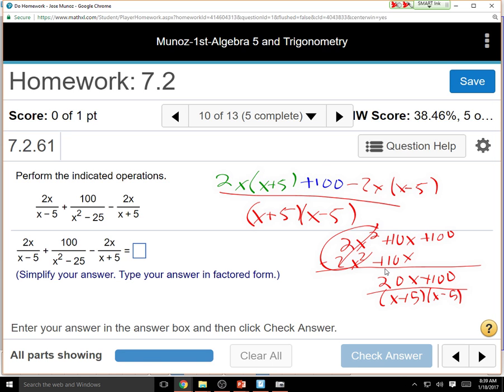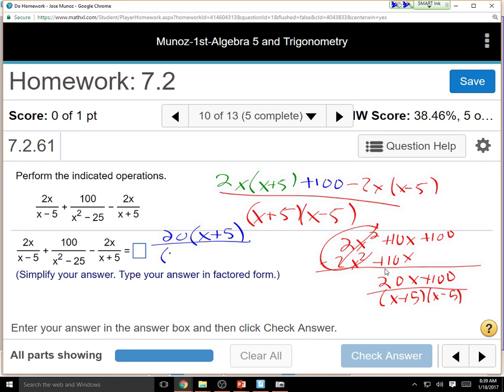And it says simplify your answer, type your answer in factored form. But wait, there's more. In the numerator, what is the common factor there? 20. So if I take 20 out, that would leave me with x plus 5.